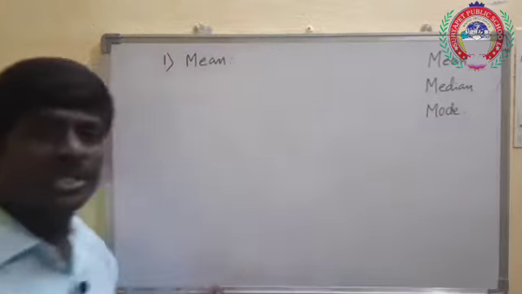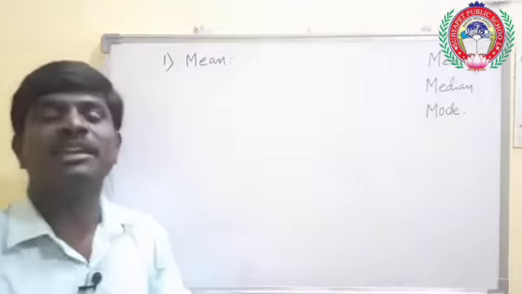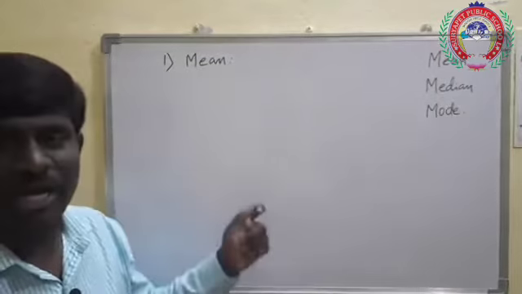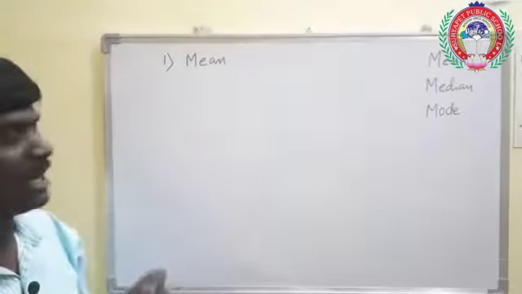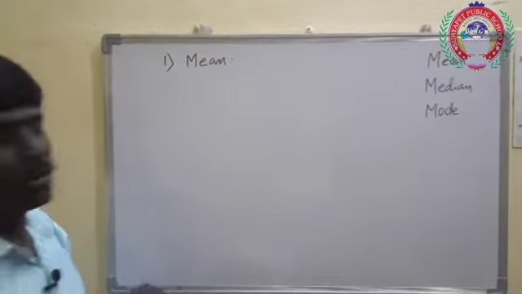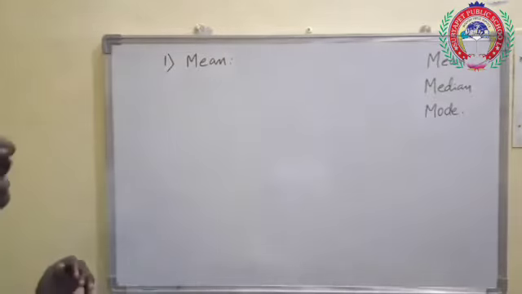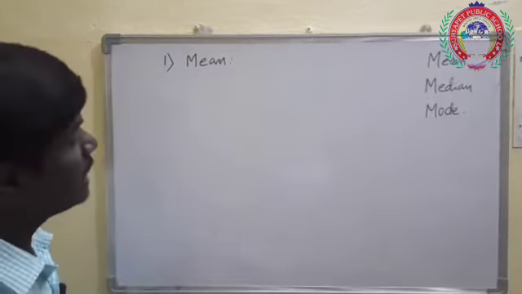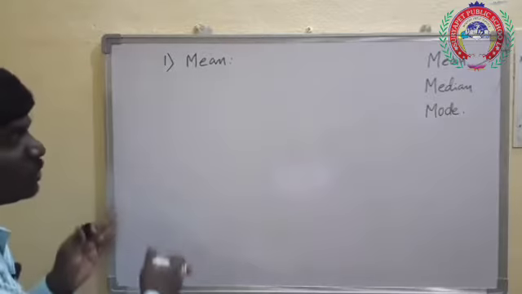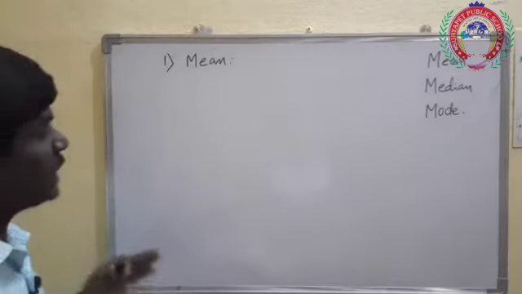So the first concept is mean. What is mean and how can we find a mean for ungrouped data as well as grouped data?